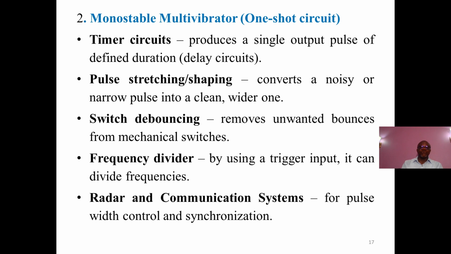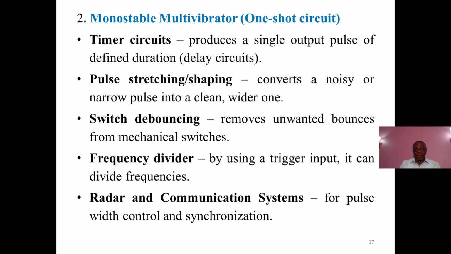The duration will determine the delay you want to introduce. It can also be used for pulse stretching or shaping, which converts a noisy or a narrow pulse into a clean, wider one. Used for switch debouncing.